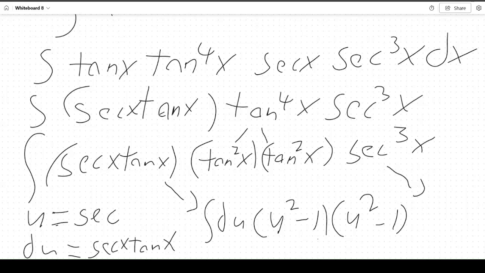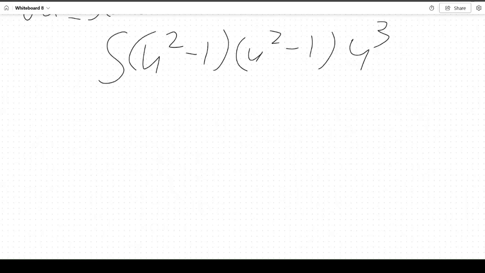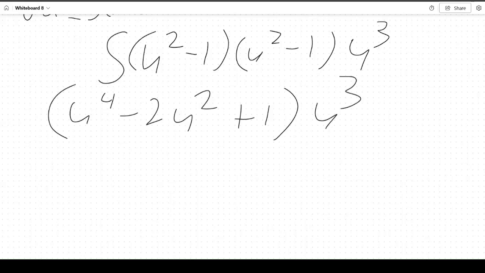We still have to plug in u for secant. So this would be u to the power of 3. So this is what we have so far, and now it's time to simplify this further by distributing it. We can distribute the u to the power of 3 to this whole function.